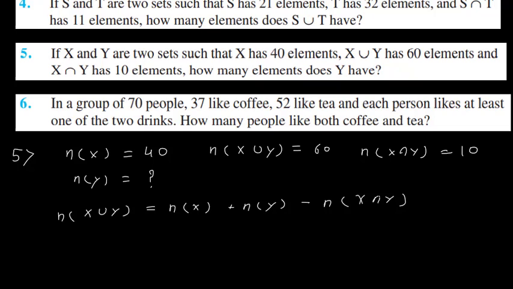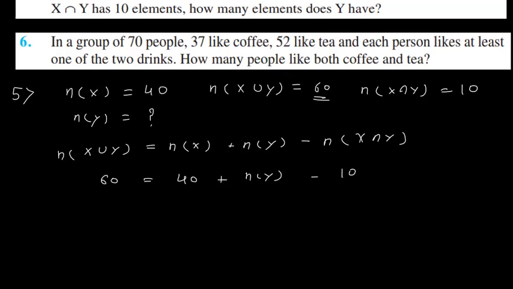N of x union y is 60, so I will write 60 is equal to n of x, which is 40, plus n of y, which we don't know, minus n of x intersection y, which is 10. So 60 is equal to 30 plus n of y. Therefore, n of y is equal to 60 minus 30. So 60 minus 30 is 30. Done?